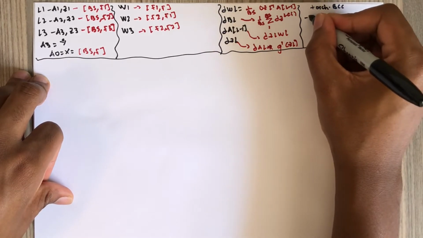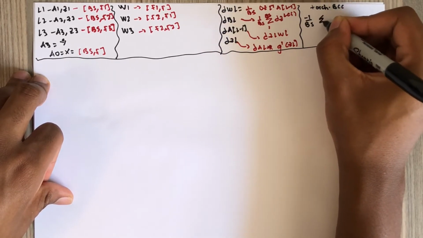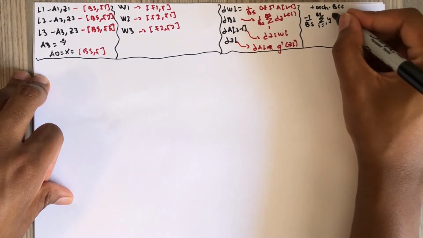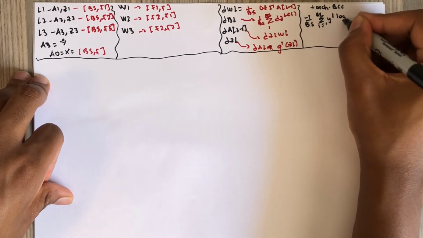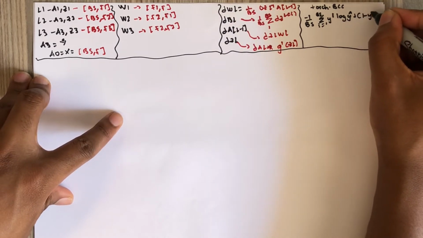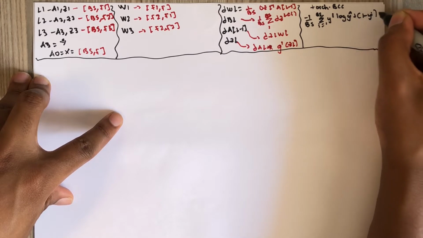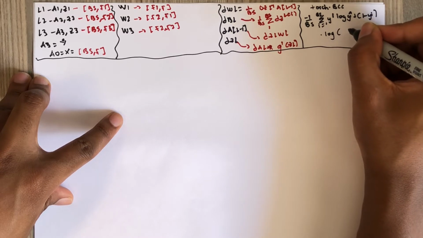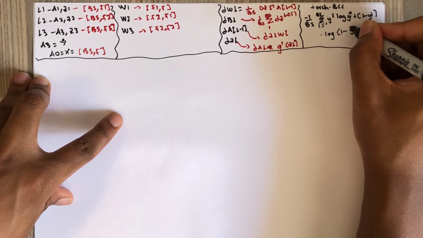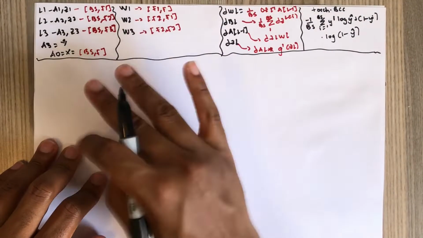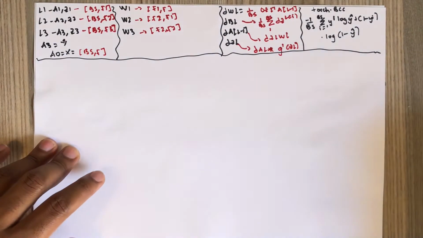And the formula for binary cross entropy is this: y log of y hat, this is the target, plus 1 minus y log of 1 minus y hat. So this is the formula for binary cross entropy. So this is the information that we need to start back propagation.